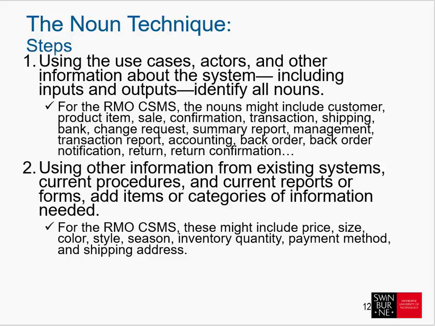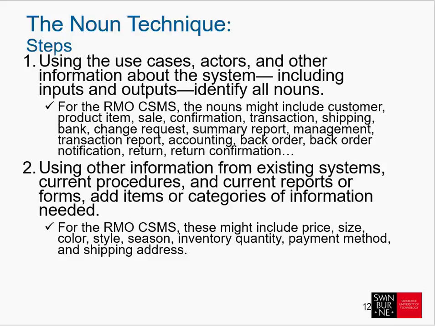Then step number two, not relying on the other information from the existing system, and then going through the current procedures and current reports or the different numerous forms. Maybe we can add items or add categories of information needed into this list.